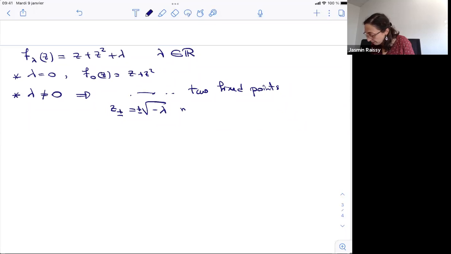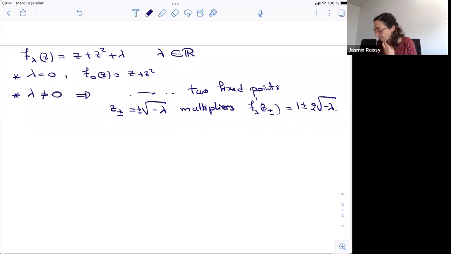And the multiplier, well, I simply have to differentiate this. So lambda is a parameter, so it disappears, and put the point inside. So the multipliers are F prime of Z plus or minus, and it's simply 1 plus or minus 2 times the square root of minus lambda.